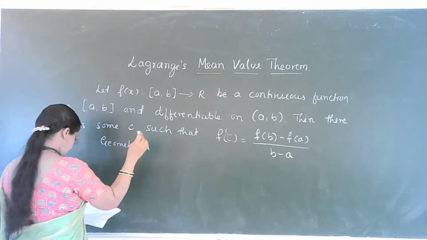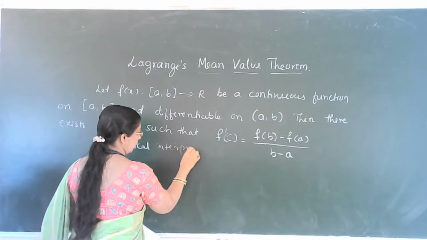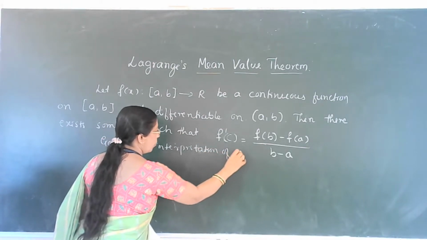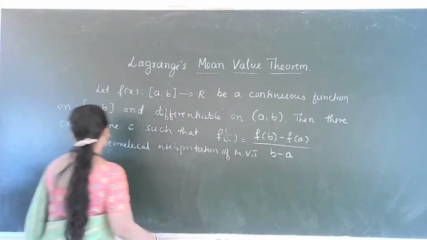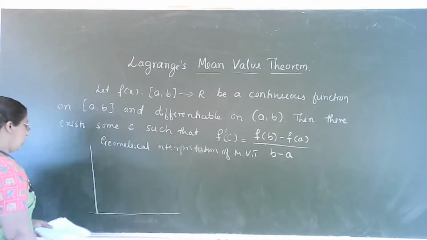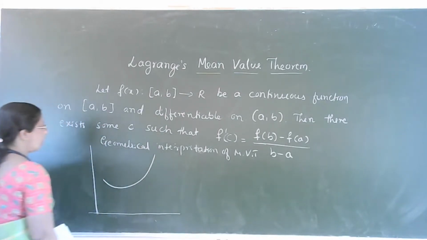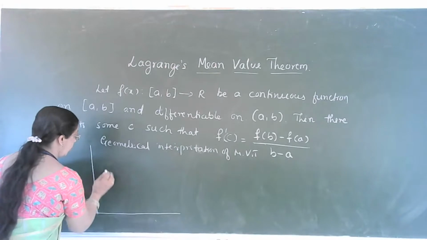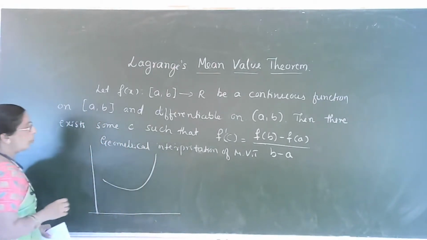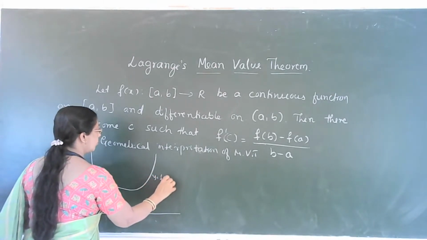Geometrical interpretation of the mean value theorem. This is the curve or graph of the function y is equal to f of x.